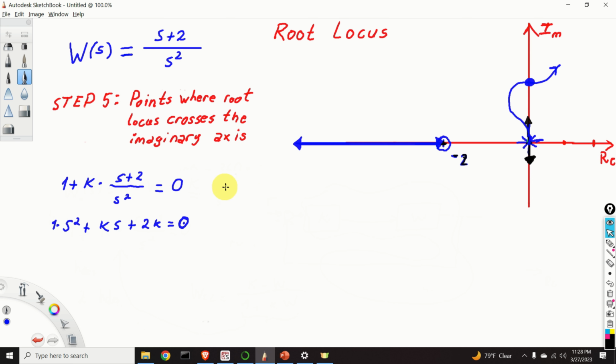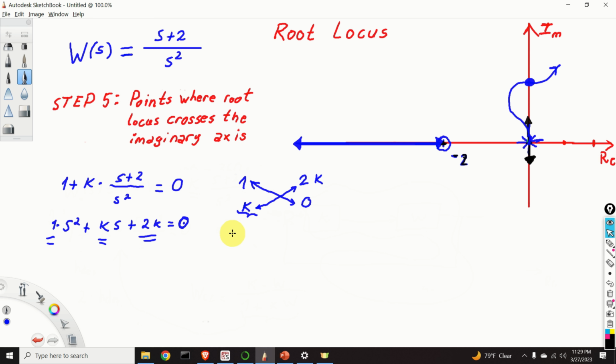The coefficient over here is 1. So, the first row of our Routh array is 1 and 2k. In the second row, we have k over here, and we don't have anything over here, and we can simply put 0. Next, let's construct the term over here. The term is constructed by multiplying this term with this term, and then adding a minus sign and multiplying these two terms and dividing the result by this term.